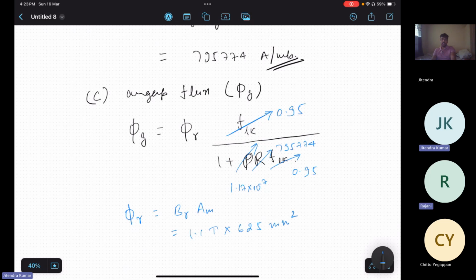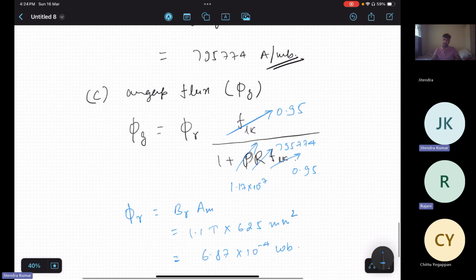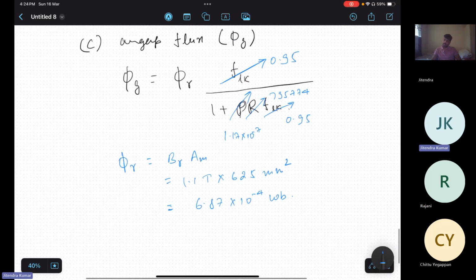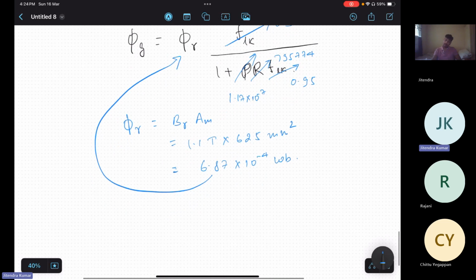How much will the value of phi r be? 6.875 into 10 power minus 4 Webers. It is correct. Now we will plug in this value here. Okay, sir.